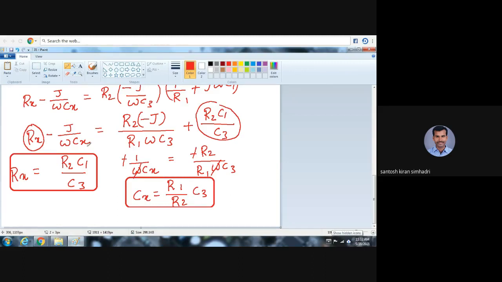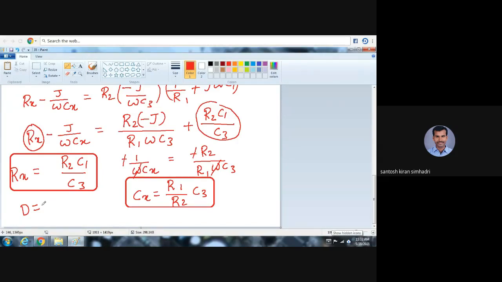So I will write directly Rx by Xx. Finally Rx is substituted as R2 into C1 by C3, and then omega into Cx into Rx.